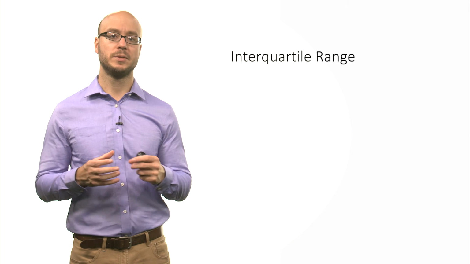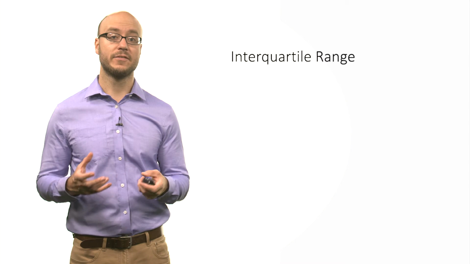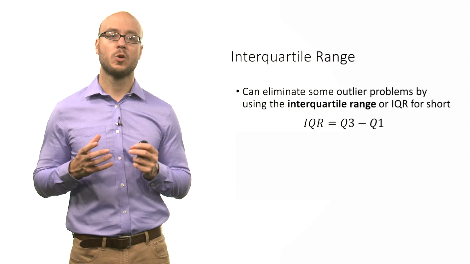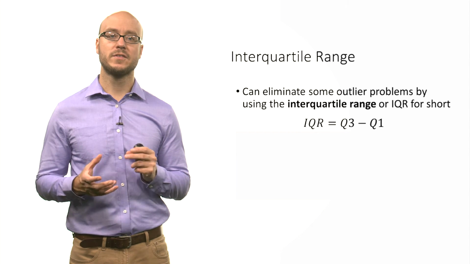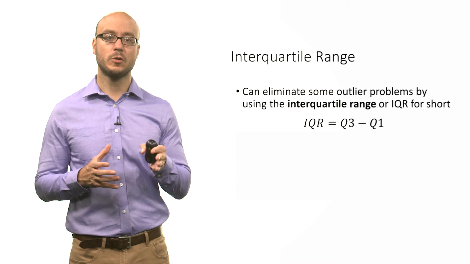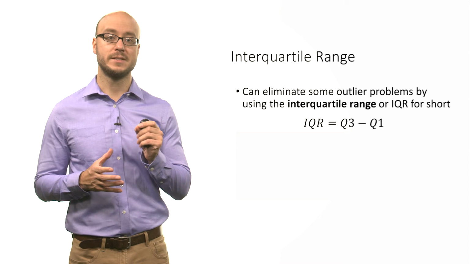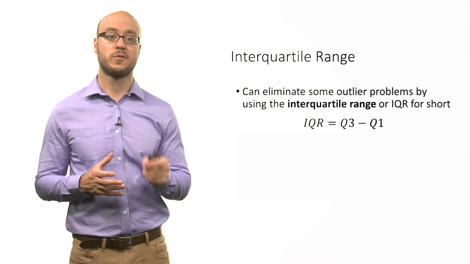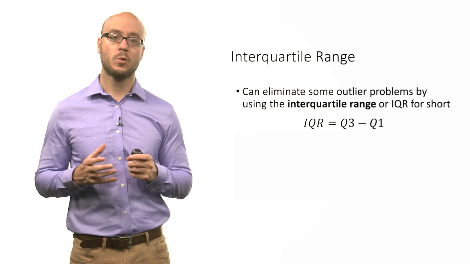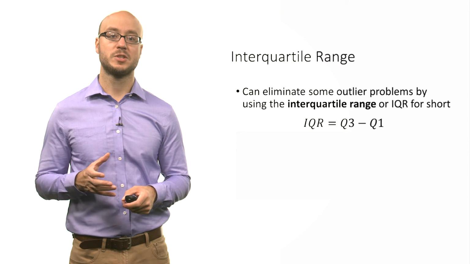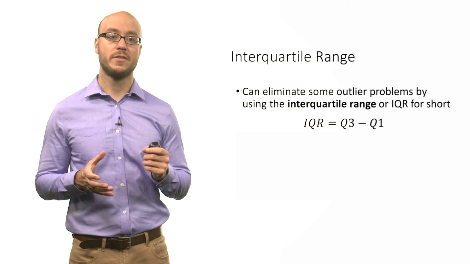So the range is simply the difference between the maximum and minimum values. The interquartile range is the difference between two locations within the data set, based on the third quartile and the first quartile.